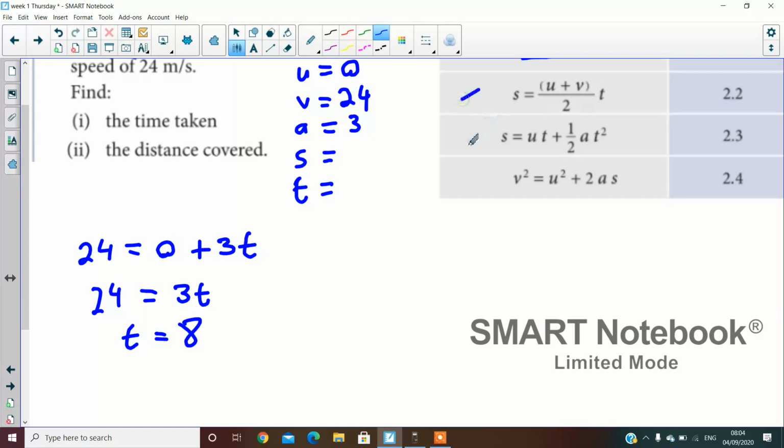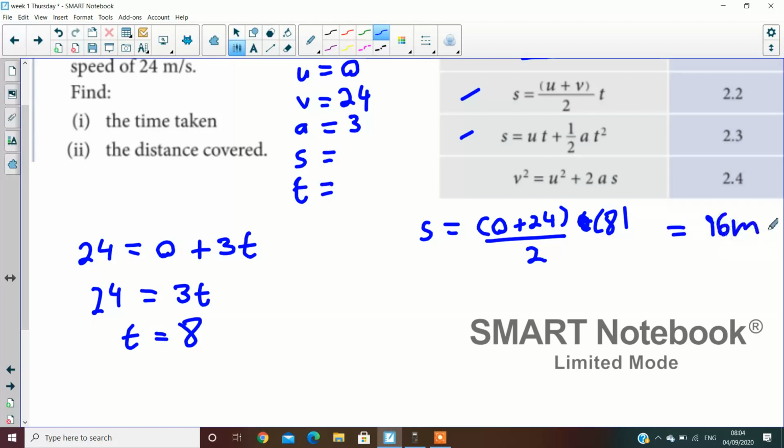We'll try out each formula individually, and we'll see what goes on. So the first one is S equals, what's this going to be? 0 plus 24, divided by 2 multiplied by T, which is 8. 12 times 8, 96, right? That worked perfectly, 96 meters, no bother.